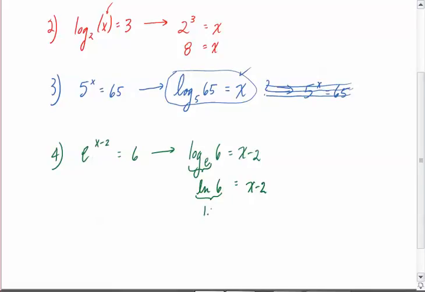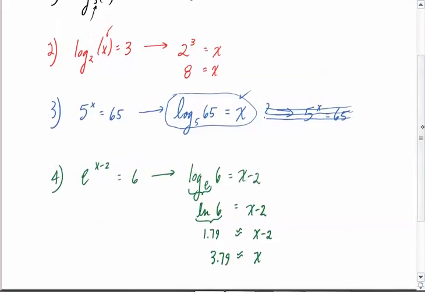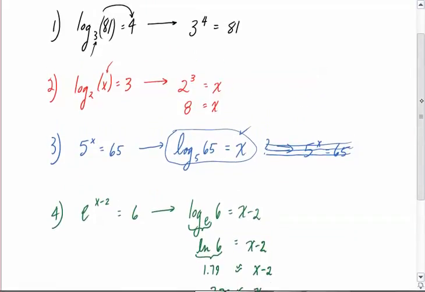So this will be rewritten as 1.79 roughly, right? And so x is roughly equal to 3.79. So that's taking it a further step than what the directions said, but that's, as you can see, where we're headed.